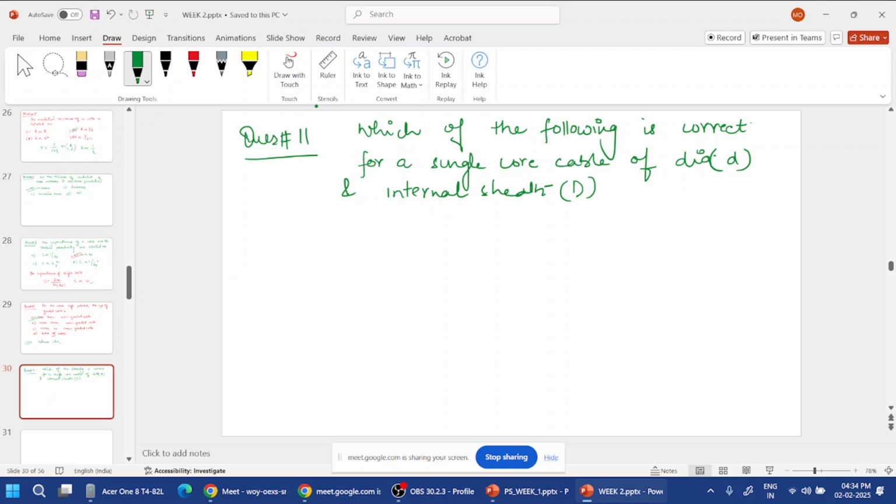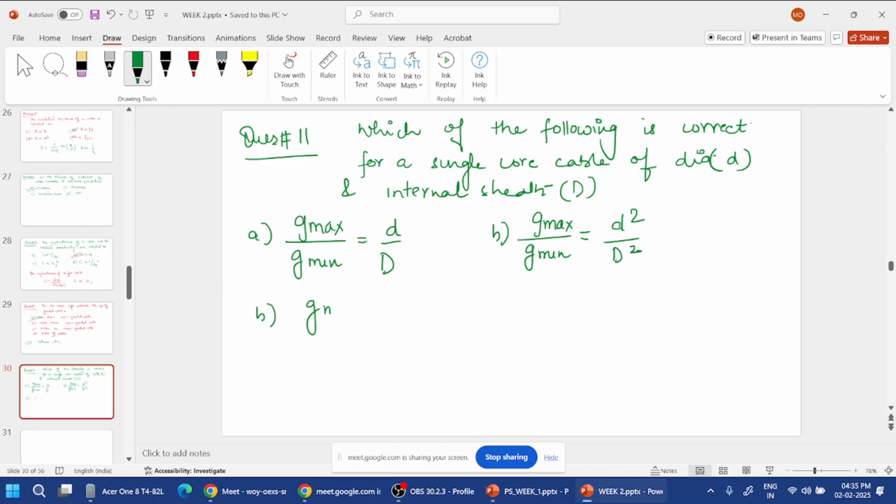diameter D. The first option is G max by G min is equal to D by d. B: G max by G min is D square by d square.